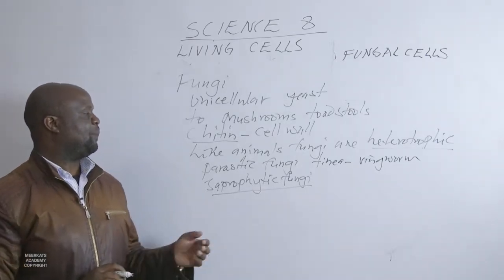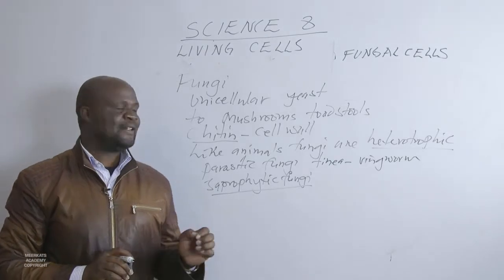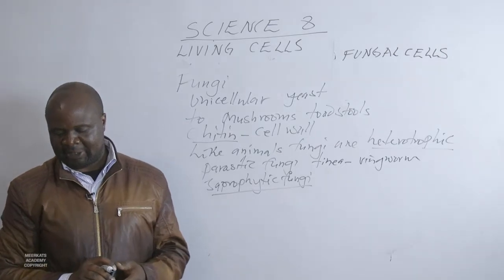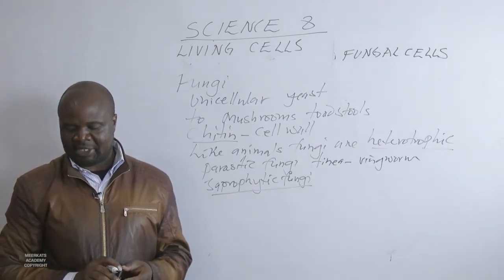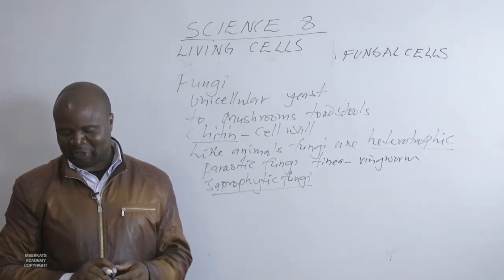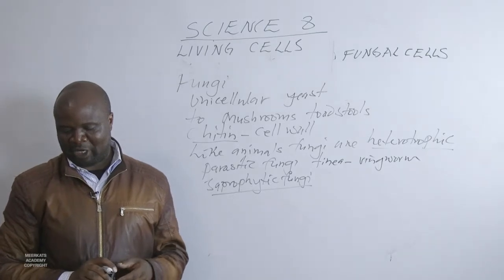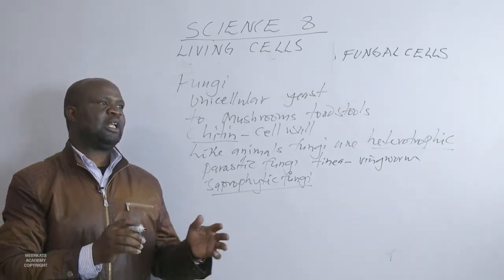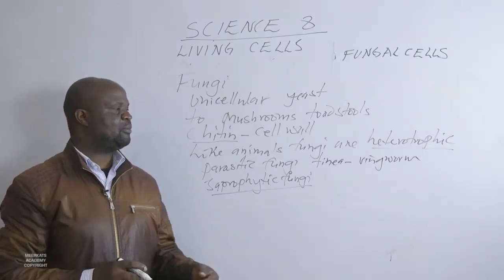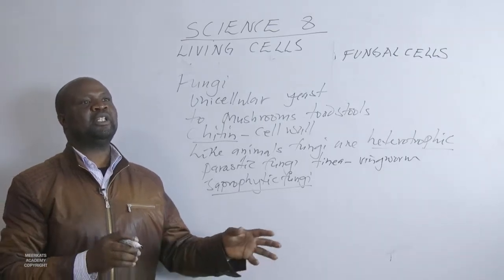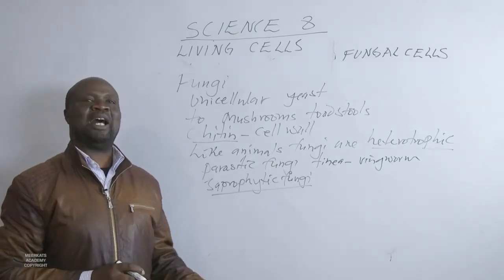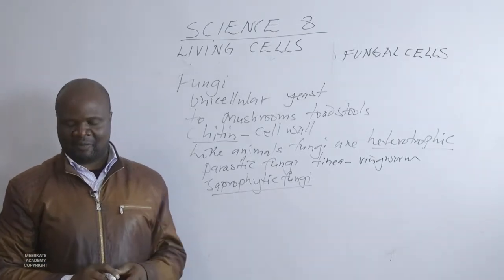In the food web, they are important because the dead animals need to decompose, and the saprophytic fungi create enzymes that break down these dead animals so that they decompose fast. When they decompose fast, they become nutrients to the soil, and the plants can use these nutrients when they are available in the soil.